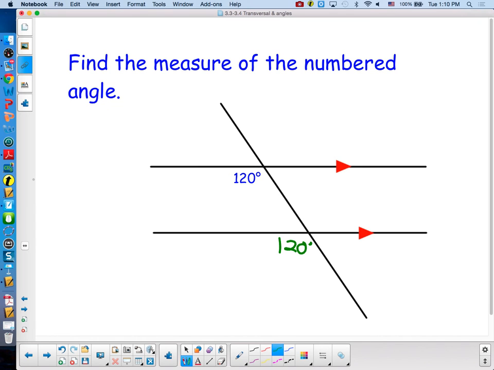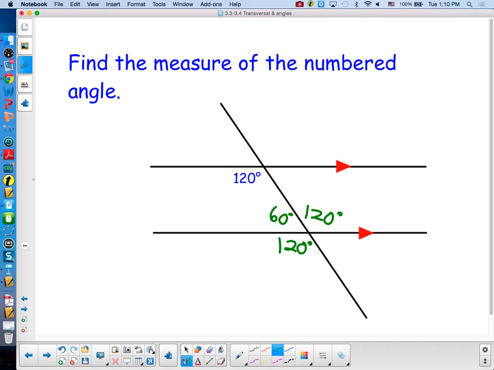120 because that's corresponding angles. 120 because they are alternate interior. Okay? This one, 60. That one's 60. These angles would be same side interior.